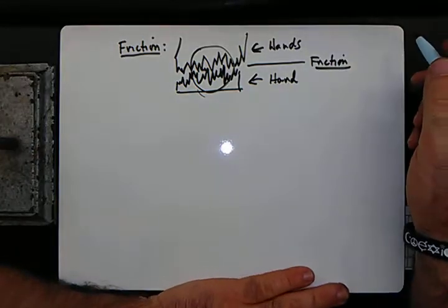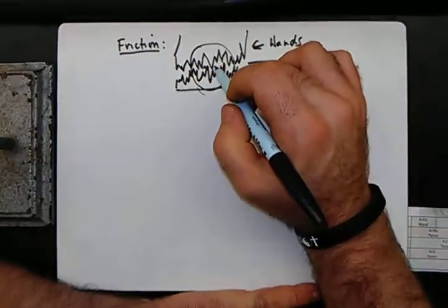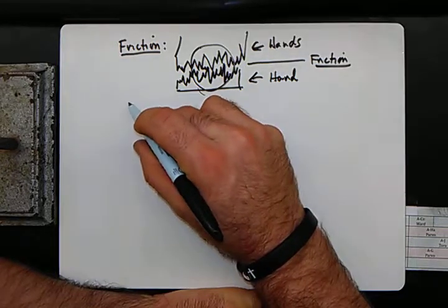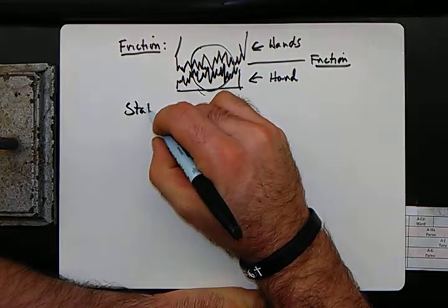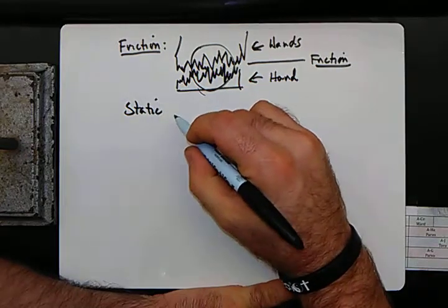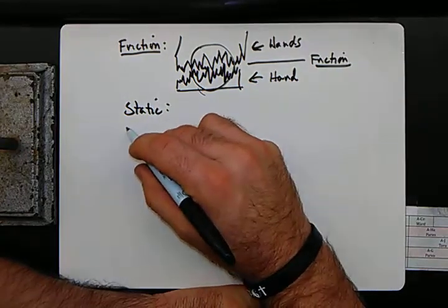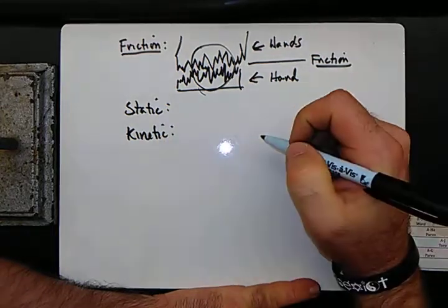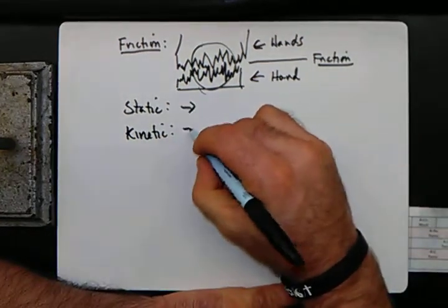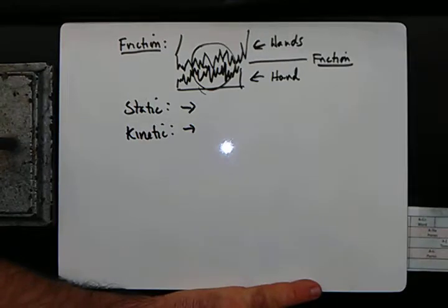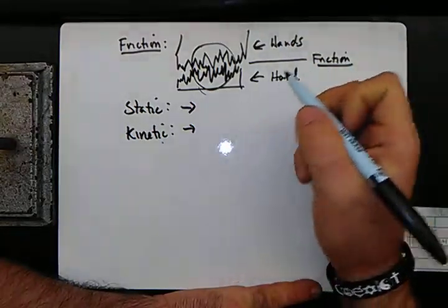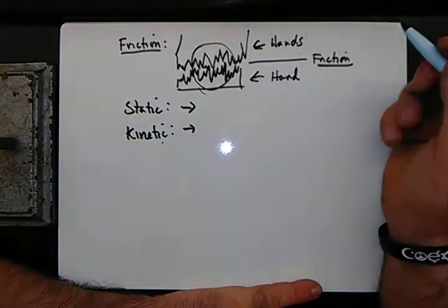Now, friction exists with two surfaces in two different ways. There's something called static friction, and there's also something called kinetic friction. Statics is the study of objects that are still, and kinetics is the study of objects that are moving.